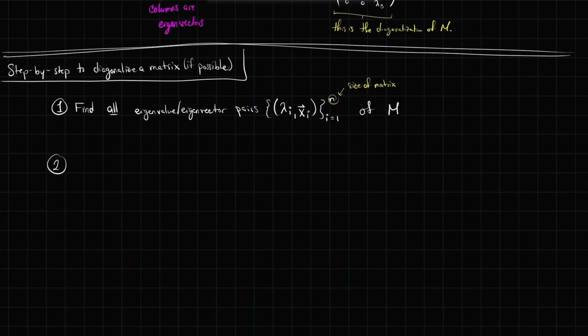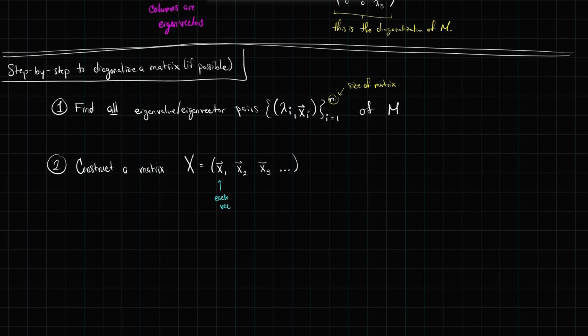Step 2, you construct a matrix, capital X, from the eigenvectors. Since these are all vectors and I'm placing them in a row, think about each of these as a column.